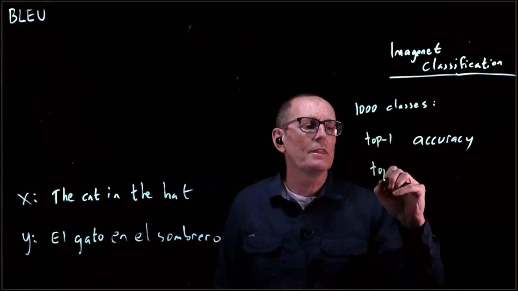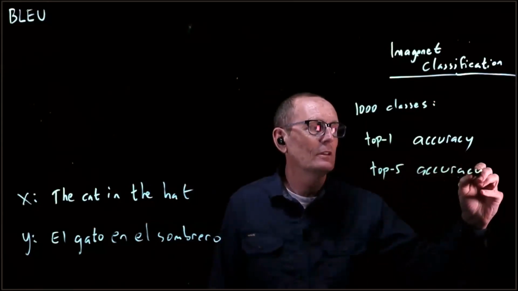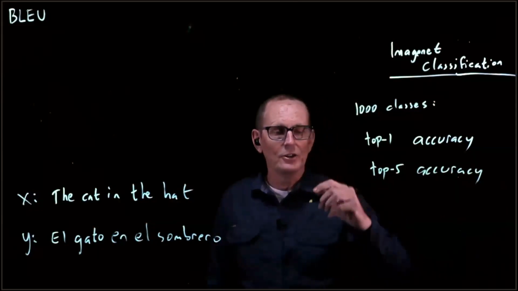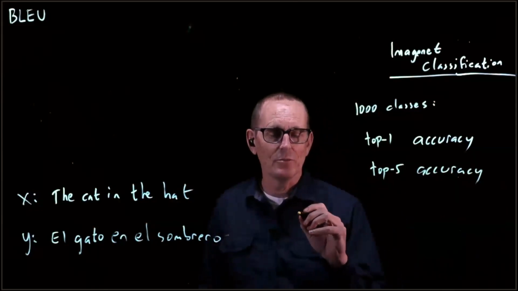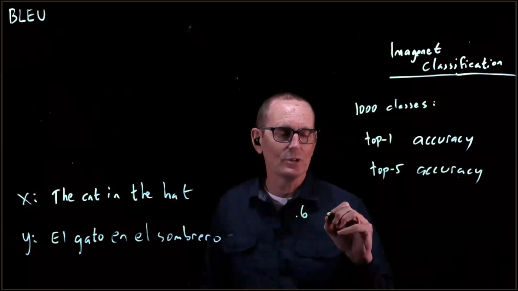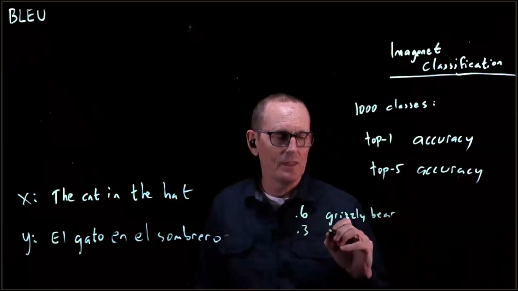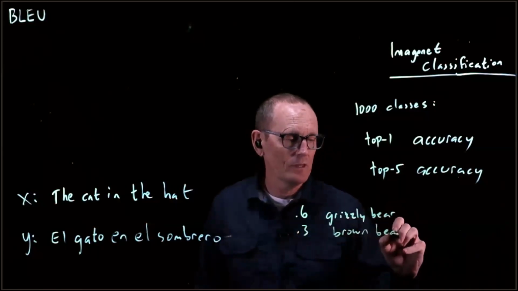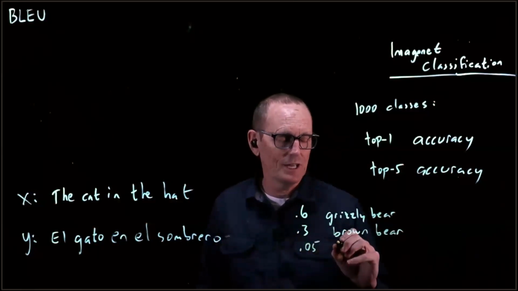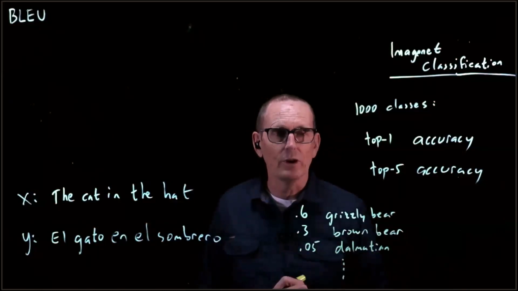And do you remember, I think we talked briefly about top 5 accuracy. Top 5 accuracy says you had your highest probabilities that your model predicted, or let's say it predicted with 0.6 that it was a grizzly bear, and 0.3 that it was a brown bear, and 0.05 that it was a Dalmatian, and so on, right?